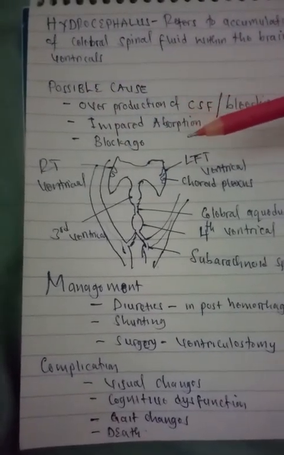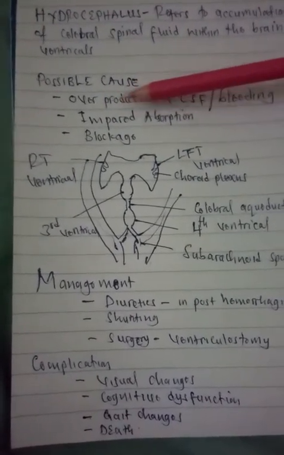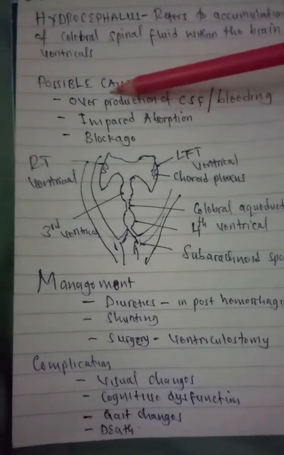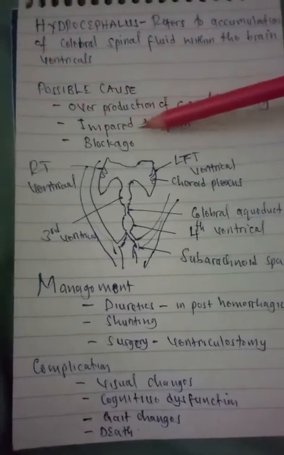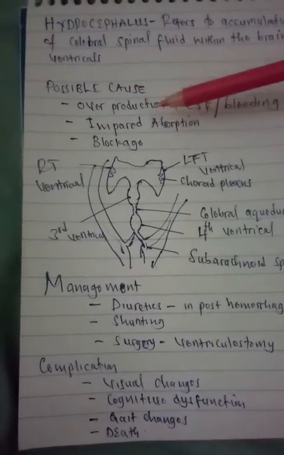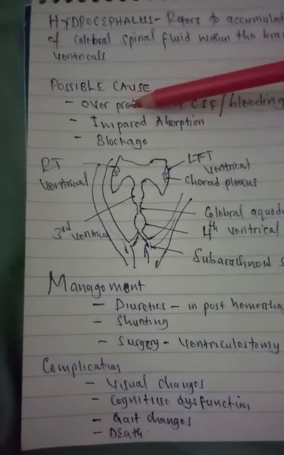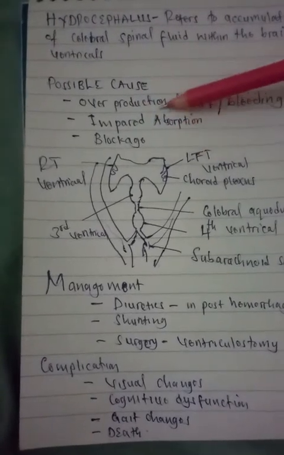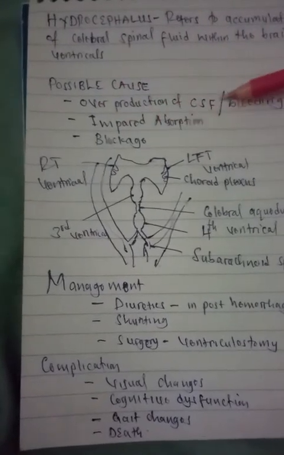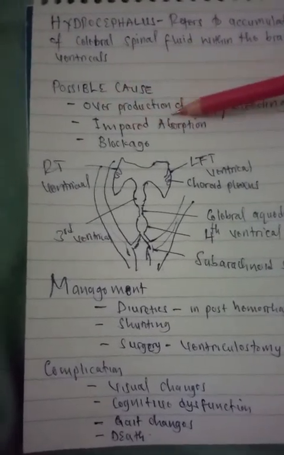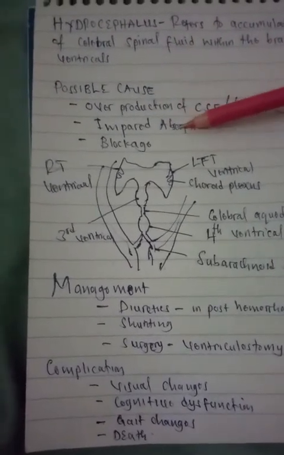From overproduction and impaired absorption, we get the type called communicating hydrocephalus, which means the communication between one ventricle and the other ventricle to the absorption space is free, but there are other causes with production or absorption.